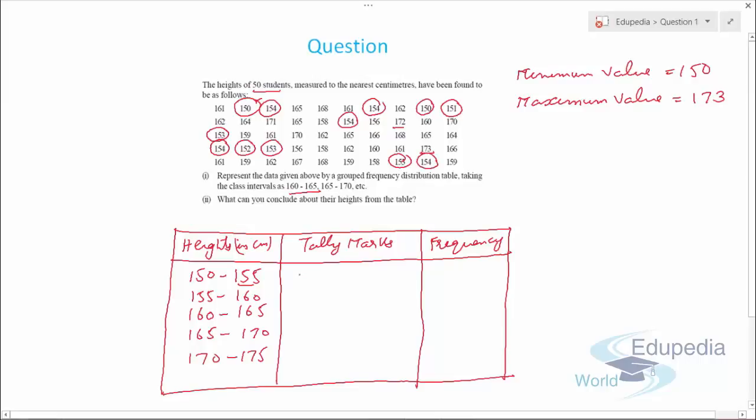So we draw the tally marks, 1, 2, 3, 4, 5, 6, 7, 8, 9, 10, 11, 12, and the frequency is 12.